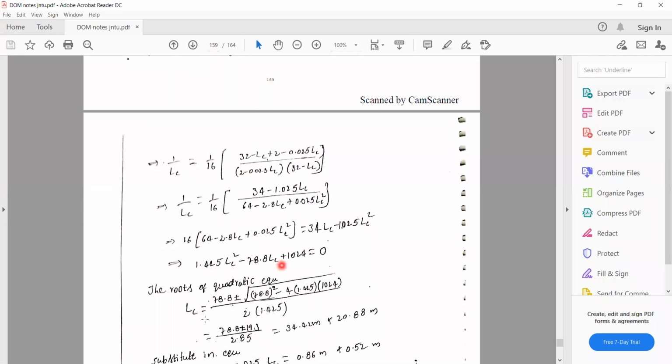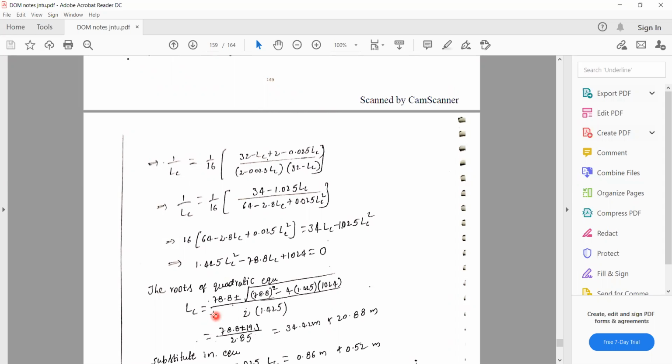So one formula to remind: LC equals minus b plus or minus square root of b squared minus 4ac, by 2a. Did you remember that? So that formula has been taken, and the coefficient values are substituted here.